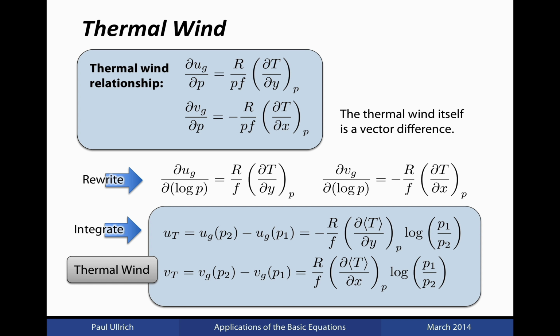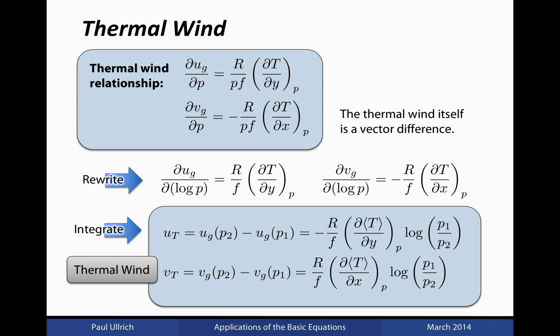The thermal wind, which is then this vector difference, emerges from the fundamental theorem of calculus and takes the form shown here. For the zonal component of the thermal wind, we obtain an expression of -R/f times the derivative of the mean layer temperature in the meridional direction times the logarithm of p1 divided by p2.